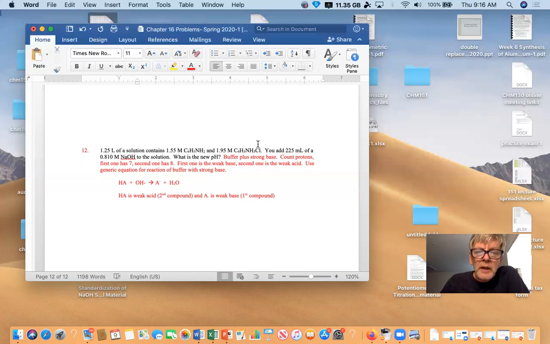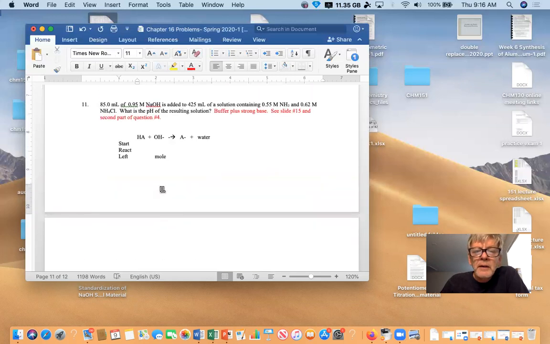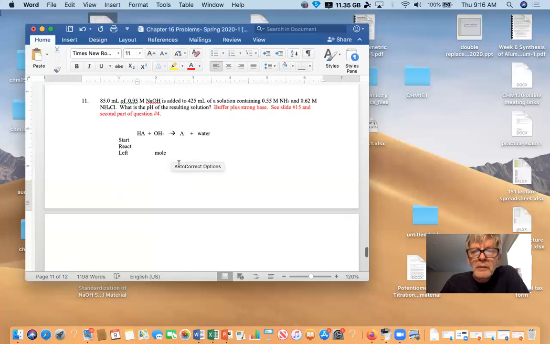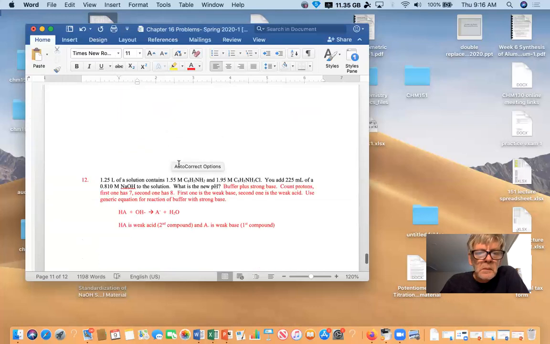So because this one has 8, 1 extra, this one is going to be our weak acid. This one is going to be our weak base. And then we just do the same type of problem that we did right here. Start, reaction, left, and we take a look at what we're left with and go forward from there.